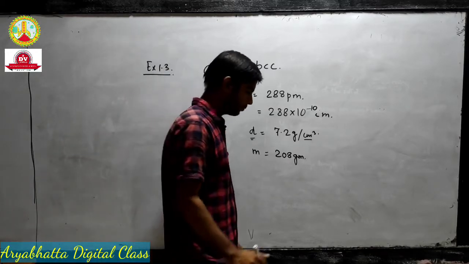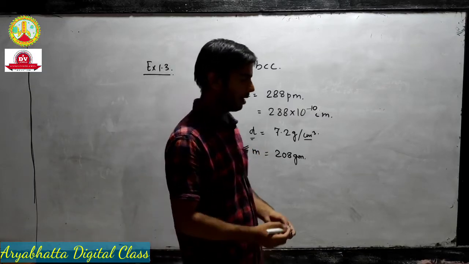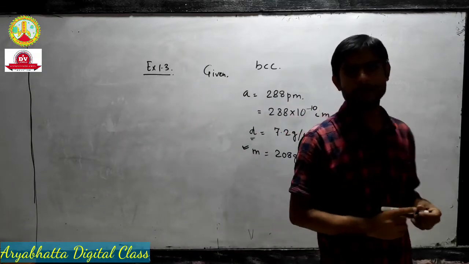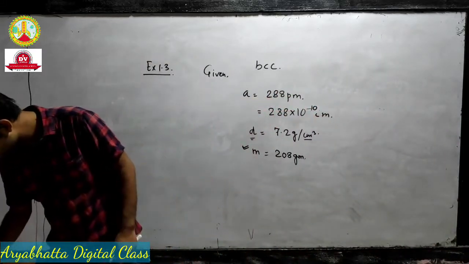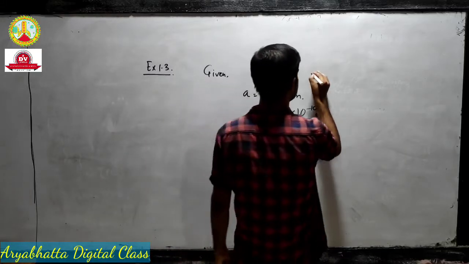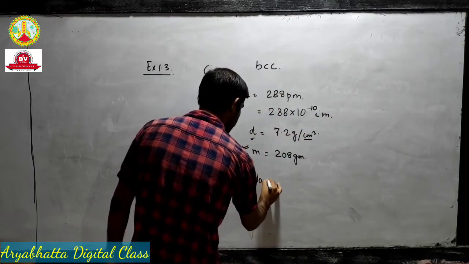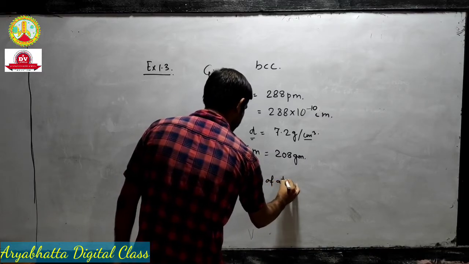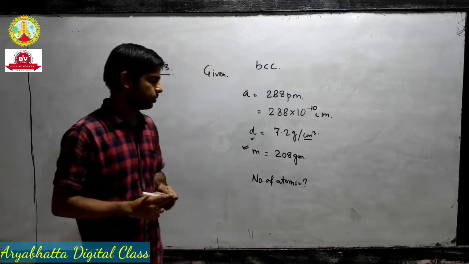This is the given mass, and what we have to calculate is how many atoms are present there. So we have to calculate the number of atoms.